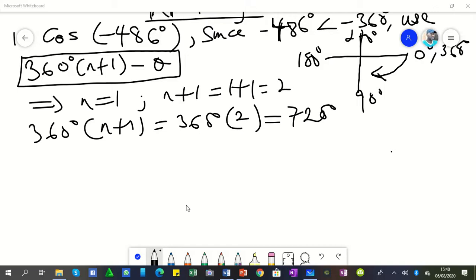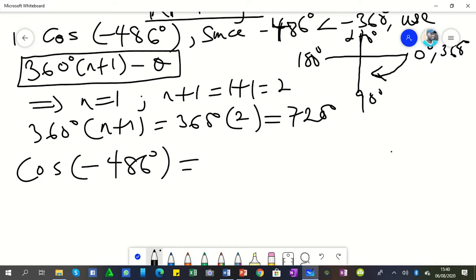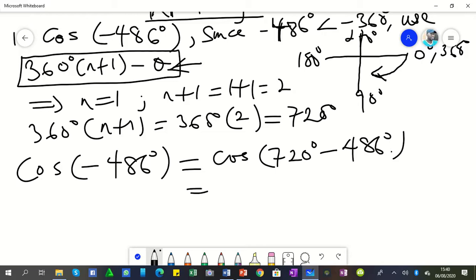Now proceeding with the solution, this cos minus 486 degrees should give us cos. Since the size of the angle 360 degrees times n plus 1 is 720 degrees, then we subtract the given angle, which is this theta here, from that 720 degrees, and this should give us cos 234 degrees.